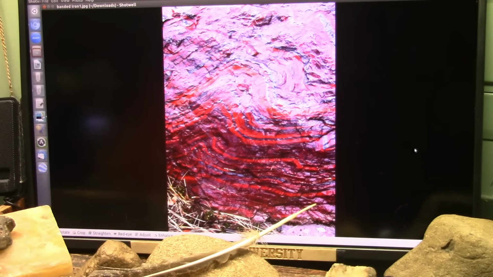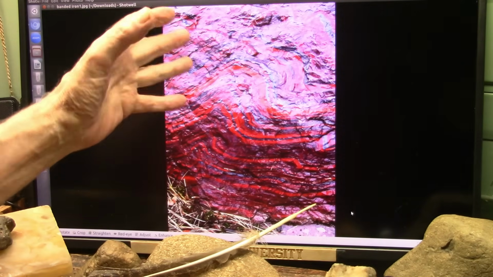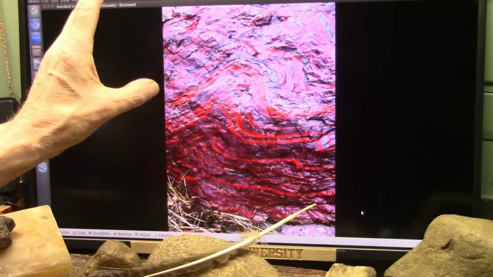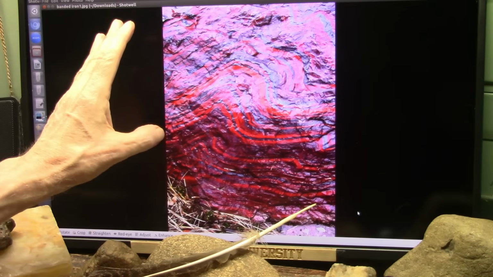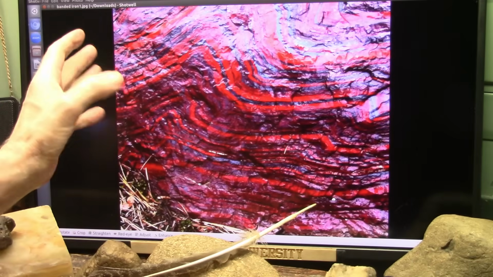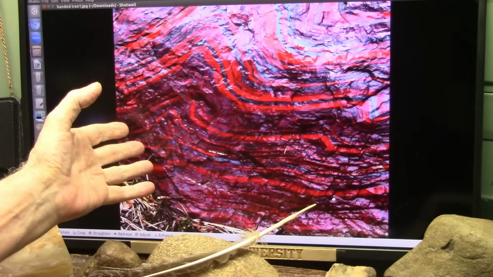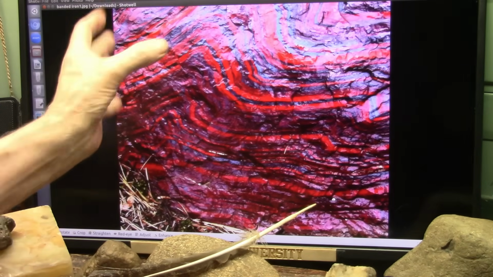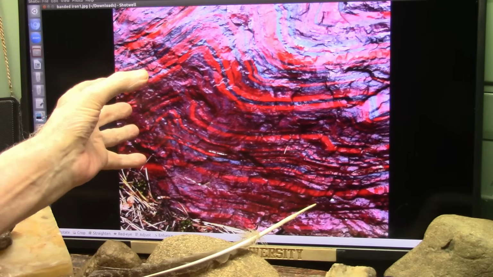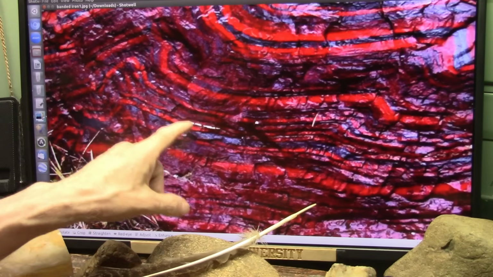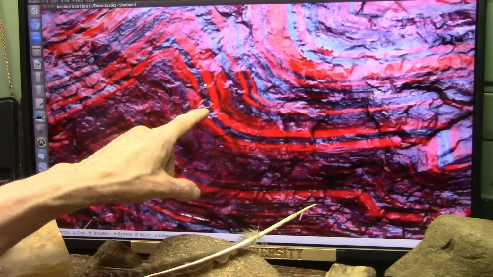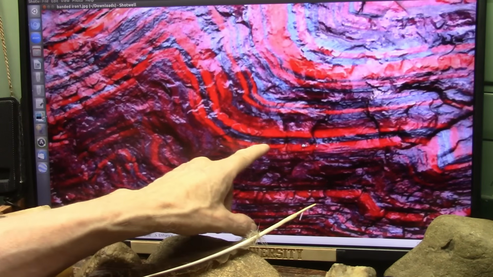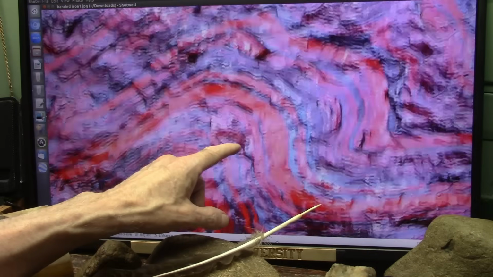All right, this was, I believe, heart muscle. That's my guess right here. Because not only is the heart full of blood, it's saturated with blood around it because there's a lot of heart pumping going on. Now, you see these extremely red bands and the black between them, that's what I normally associate.